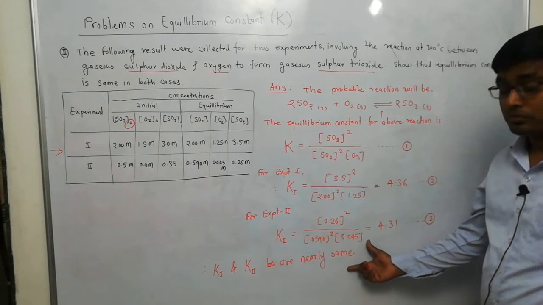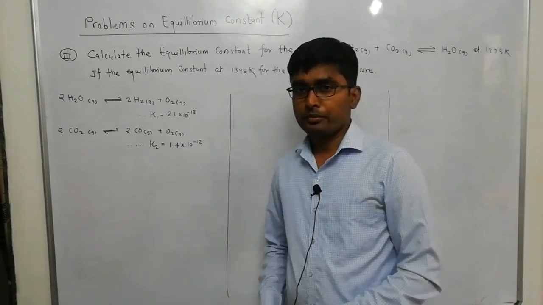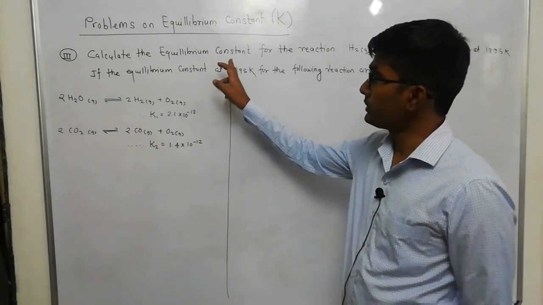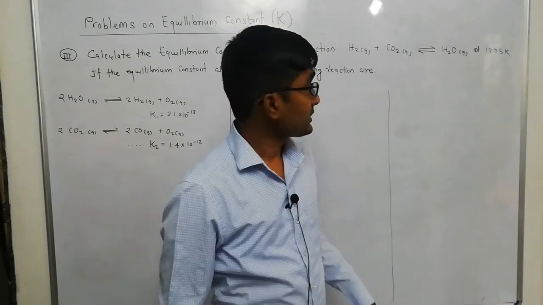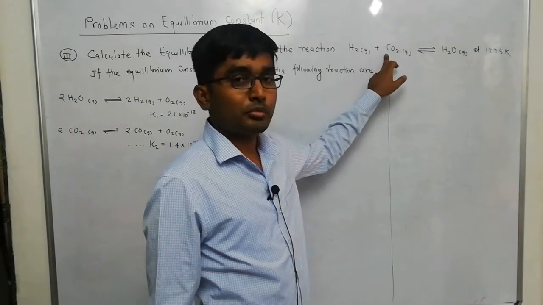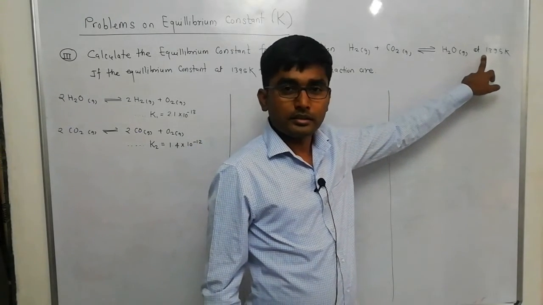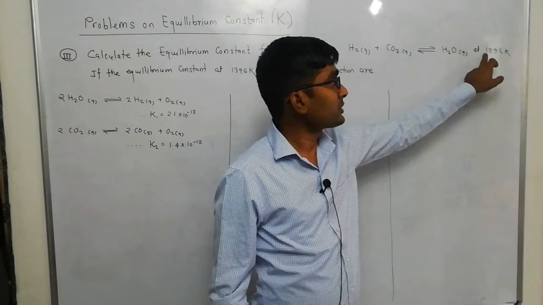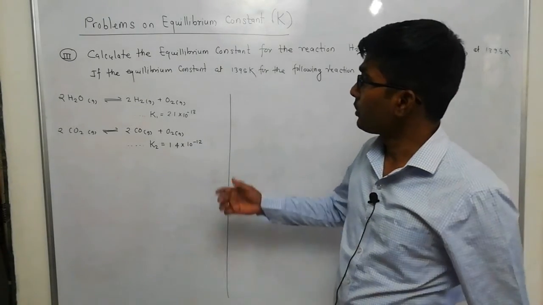Now let us move further and discuss problem number 3. The third problem is to calculate the equilibrium constant for the reaction between hydrogen and carbon dioxide to produce water at 1395 Kelvin, from the following data.